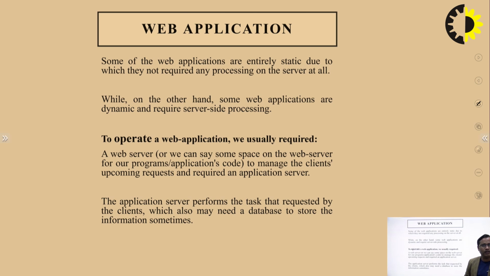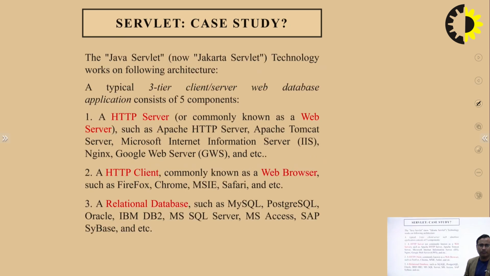So to operate a web application, to create these dynamic web pages, we usually require a web server to manage the client's incoming requests, and an application server that can process the requests and generate the dynamic pages. The application server performs the task requested by the clients, which sometimes may also need a database to store information.